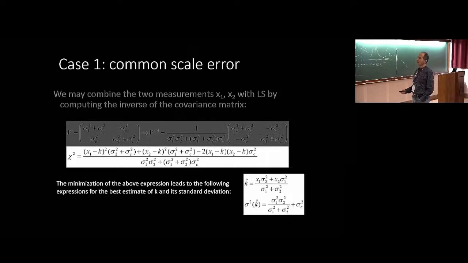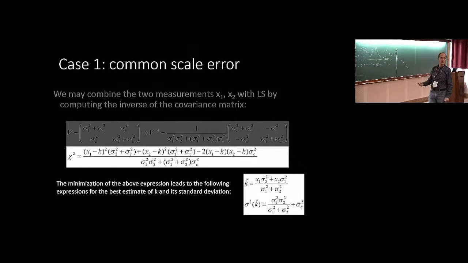So if we minimize, we take the derivative with respect to k, and what we find is this result for k estimate and sigma squared of k estimate. Let's stop and look at this expression. Because you remember the expression of the weighted average of two measurements, right? It is exactly this one.